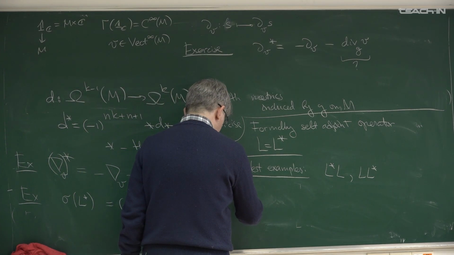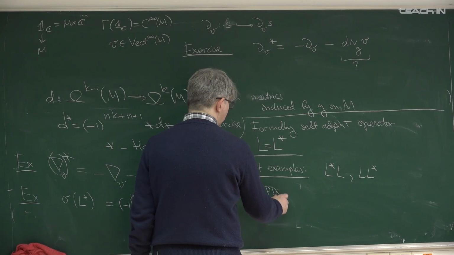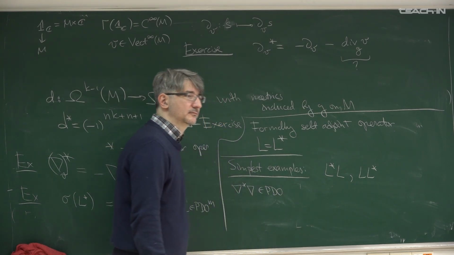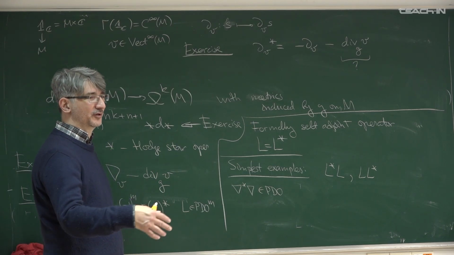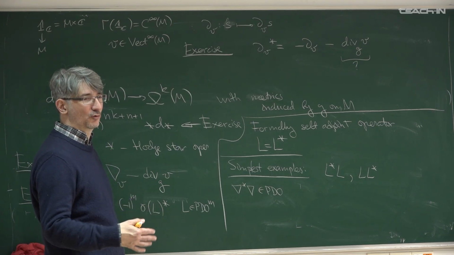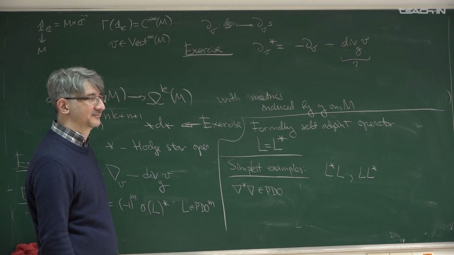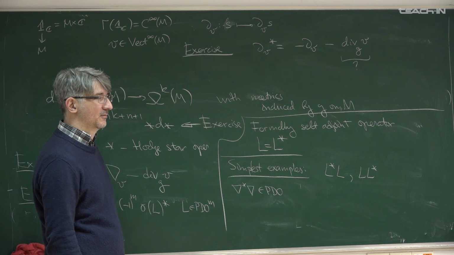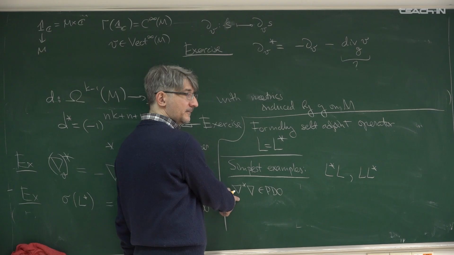If you look at this thing, this is a partial derivative operator of which order? Since we are closer to the end of lecture, my questions became more and more stupid. What is the order of this operator? Second, because it contains derivatives here and derivatives here.